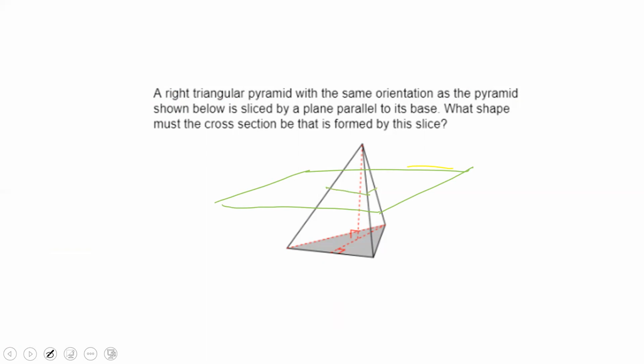So part of it will be poking out the bottom, part of it will be coming out the top. It says, what shape must the cross section with that be? Okay, well, let's imagine we did have some kind of cross section happening here, right around here where I've drawn this cut. Well, it looks to me like we have another right triangle.